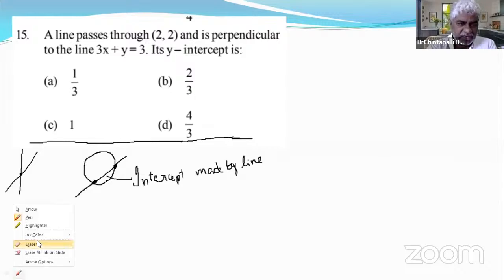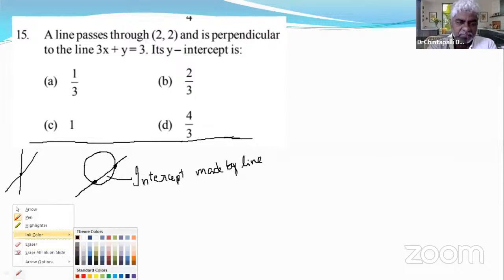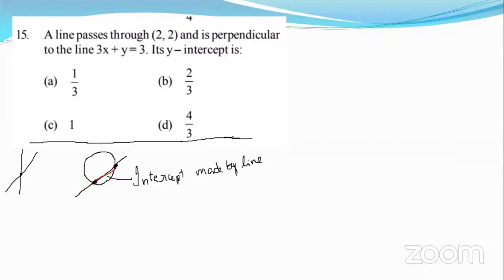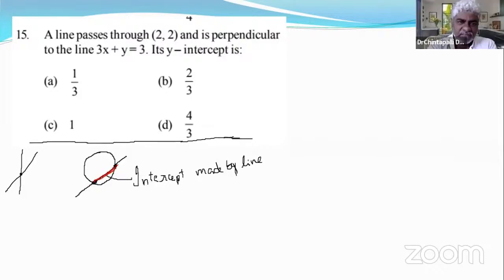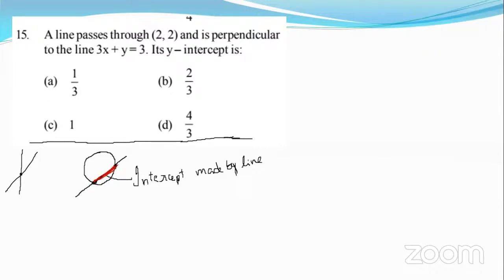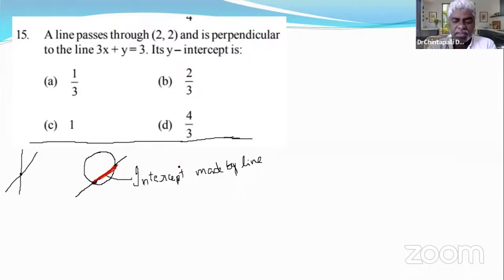This distance is called the intercept made by the line. This red line is called the intercept made by the line. This is the other case where the word intercept is used, right?